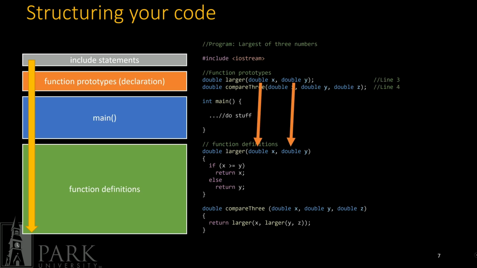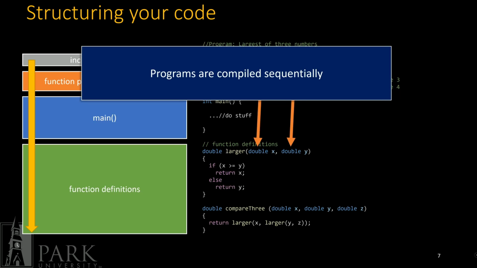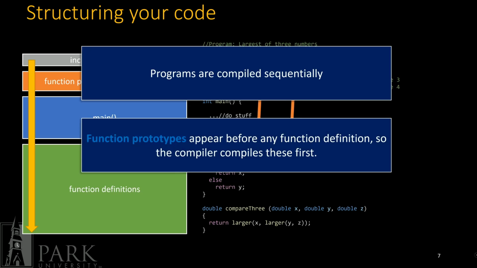That's why we put function prototypes before main and any other function definitions. And this is a coding convention that's used in industry. So to summarize, programs are compiled sequentially, and function prototypes appear before function definitions, so the compiler compiles these first. Okay, then the compiler can correctly translate a function call. And you can see examples of this in your textbook on page 375.